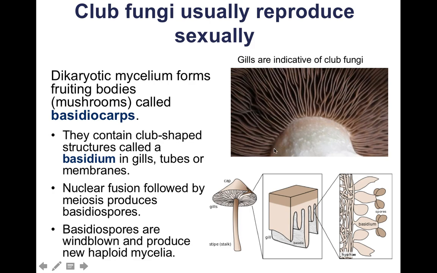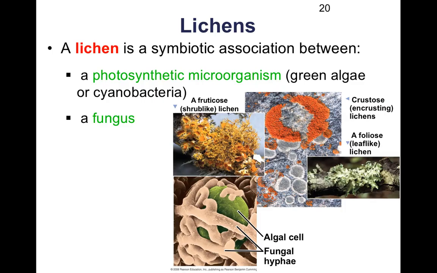So while not all of the club fungi have gills, all the gilled mushrooms will be club fungi. So that's a good way to tell: if you see a fungus growing out in the woods and you see that it has gills, you'll know that it's a member of the club fungi.